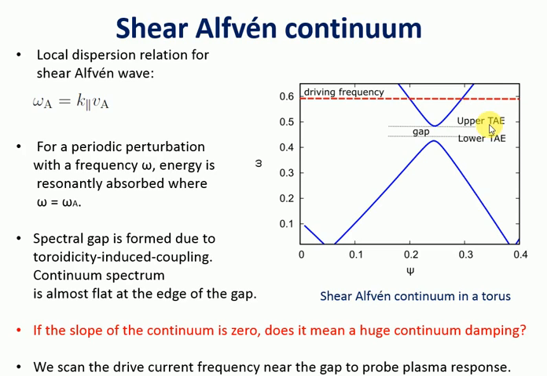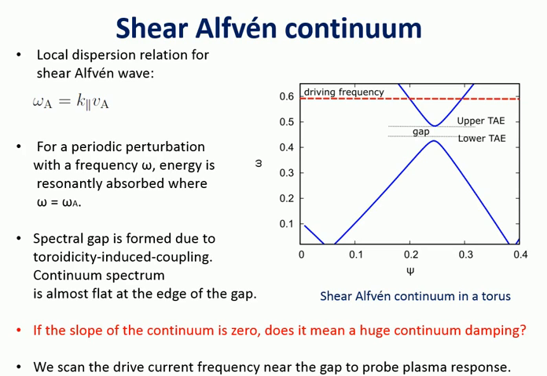As you can see from the figure, the continuum spectrum is almost flat and forms two tips at the edges of the gap. In this case, if we want to apply the standard formalism of continuum absorption, we may get to the conclusion that the tip absorption is huge or even infinity, which is not physical.